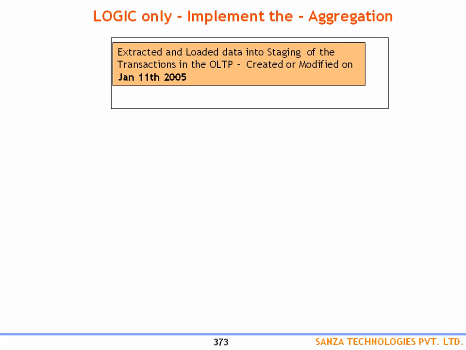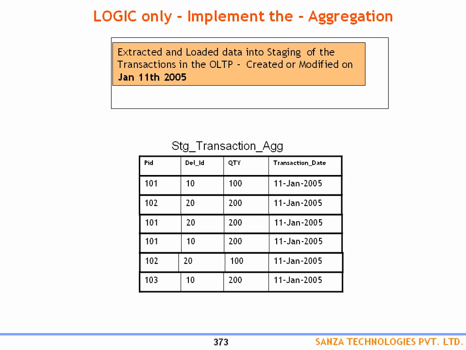Now let us assume the data has come into staging from the previous mapping.